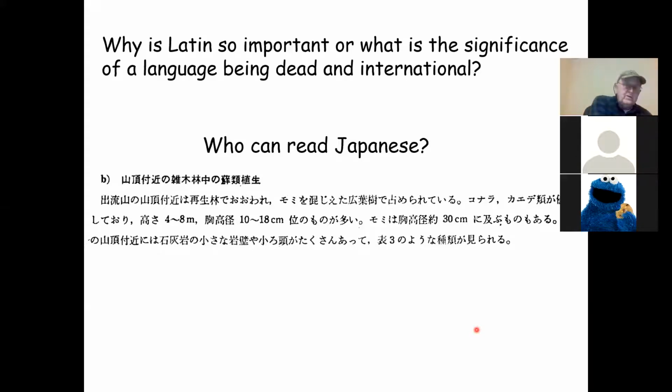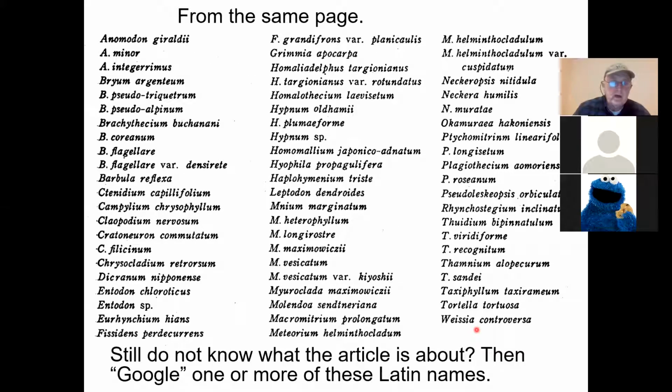The idea is that none of you could read that, just like the Japanese might not be able to read English. If you still don't know what the article is about, it comes from the Hitori Journal, a Japanese journal, from about 1960.